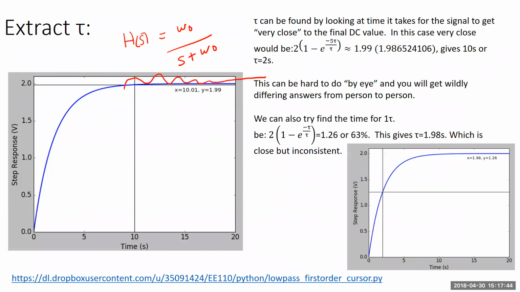an engineering approximation. Sometimes it's easy to make a mistake pulling the right capacitor value out of a parts cage. The resistor's easy because the colors are right there.